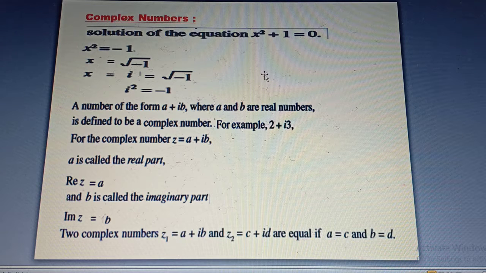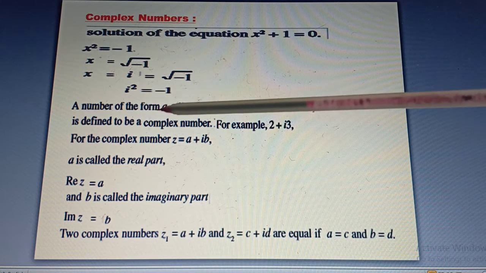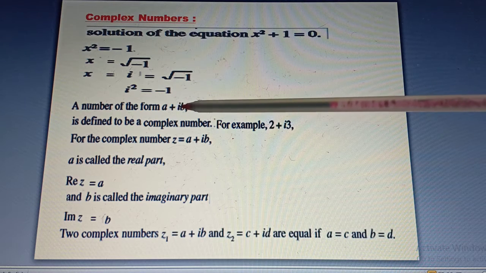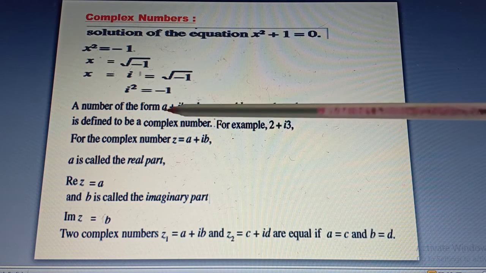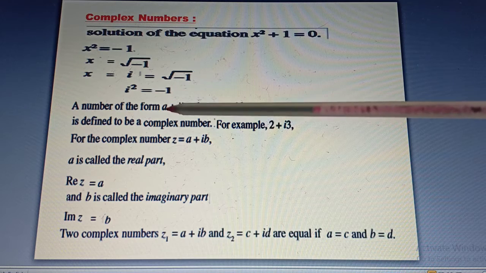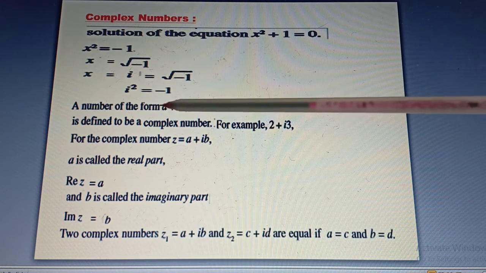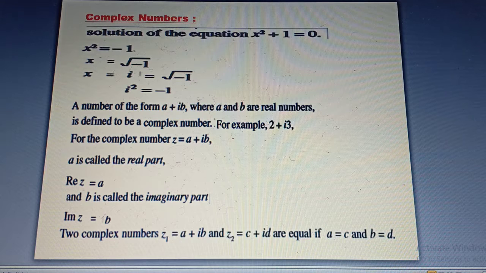Now a number which contains this imaginary number is called a complex number. For example, a number of the form a plus ib. See, in this number i is there, so i is the imaginary number. So if we write a number like this, where a and b are real numbers but i is an imaginary number, it is defined to be a complex number.